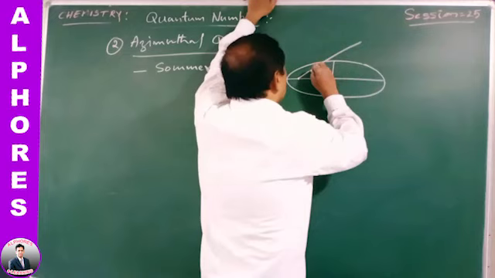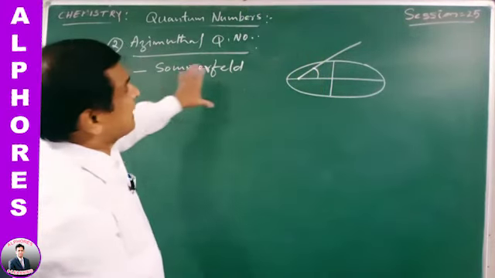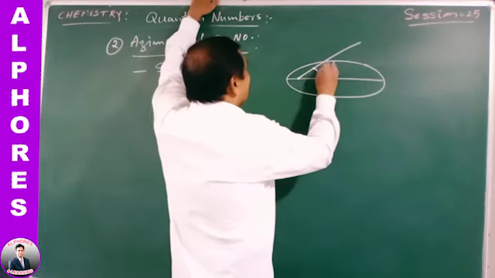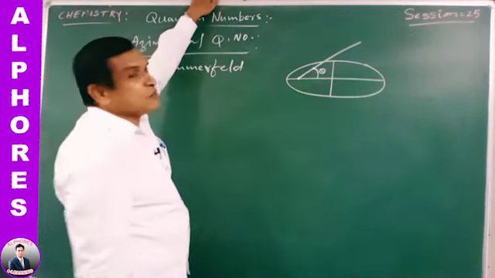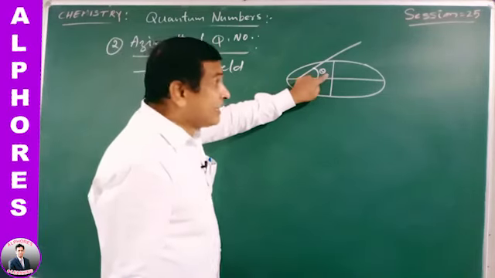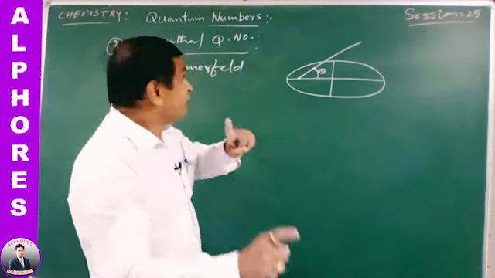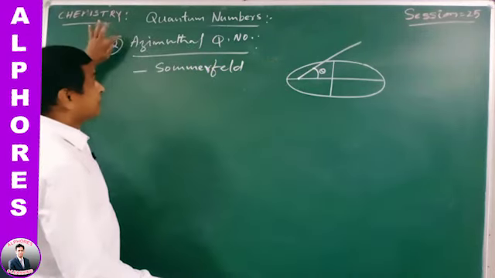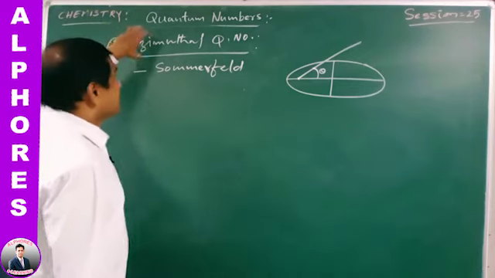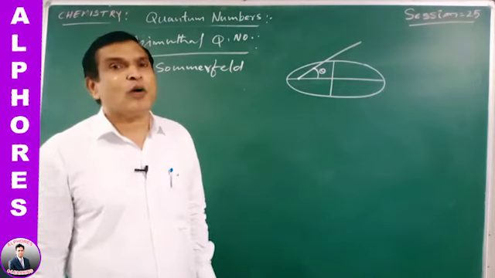The angle made by the electron in the elliptical orbit is called the azimuthal angle. To explain the azimuthal angle of the electron in the elliptical orbit, Sommerfeld discovered a new quantum number called the azimuthal quantum number.